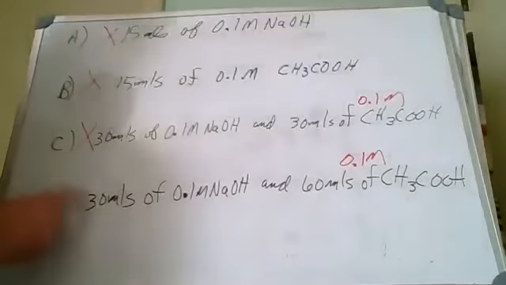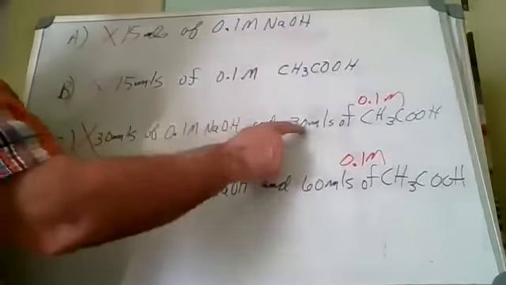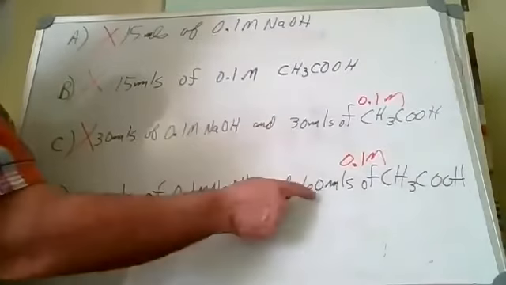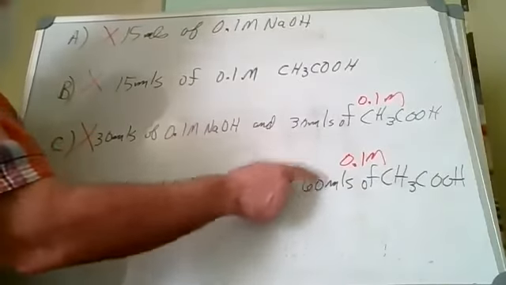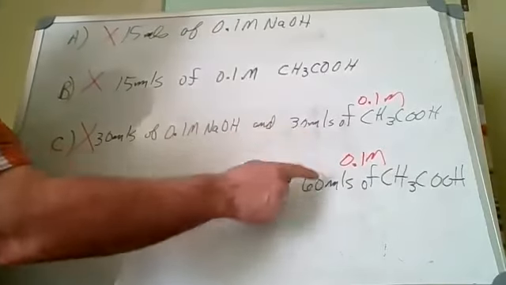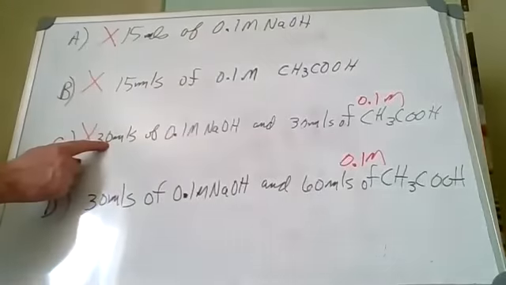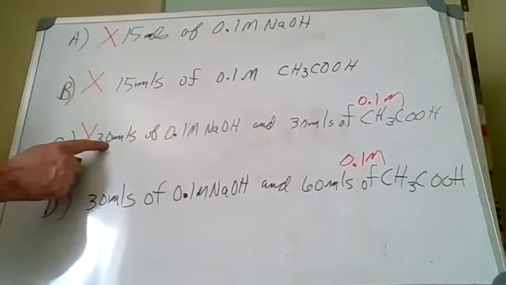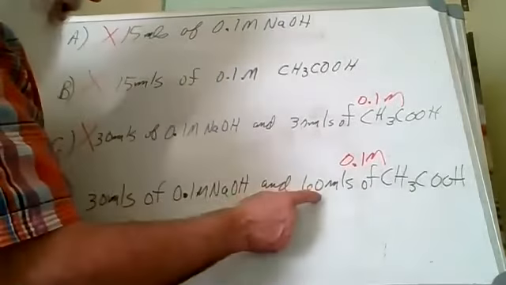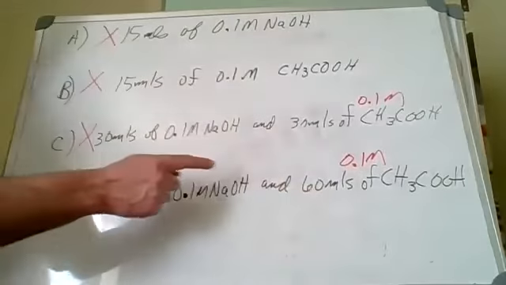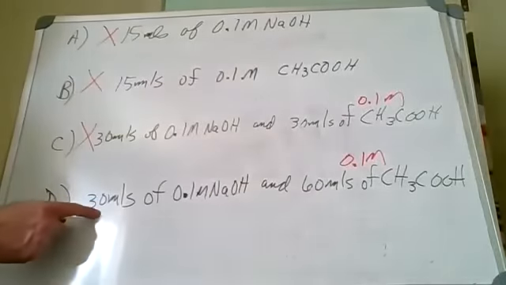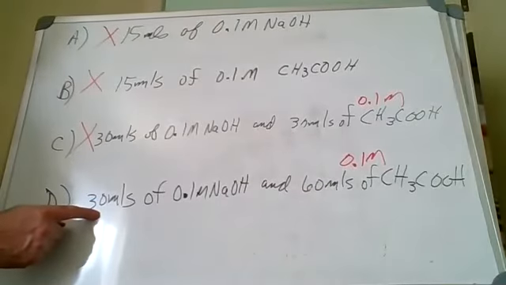Okay? C and D are very similar, except the only difference is in the volume of the acetic acid. Here I have 30 milliliters, which is completely neutralized by 30 milliliters of the base. Here I have 60 milliliters, only half of that is neutralized by 30 milliliters of the base.